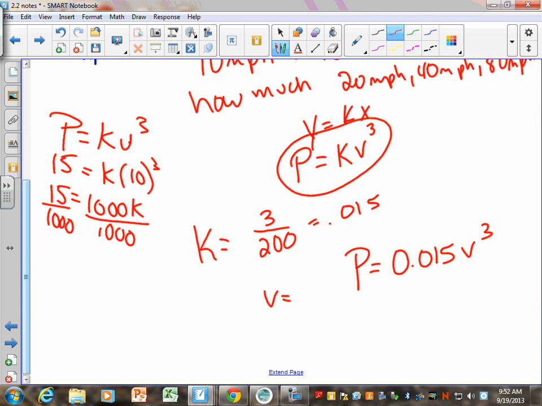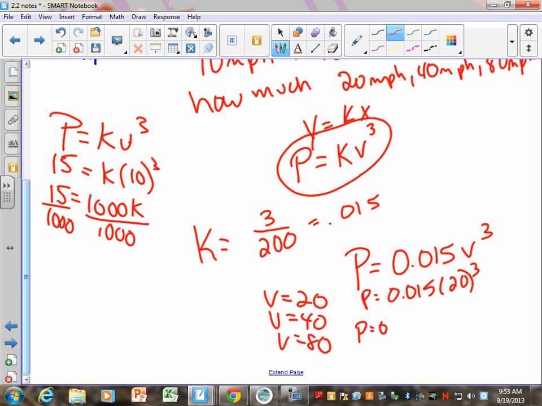So we just want to find the power when V is 20, when V is 40, and when V is 80, and you definitely can just use your calculator. The last part's just plugging it in. The first part is the algebra part. So you're just going to take 0.015 times 20 cubed, 0.015 times 40 cubed, and 0.015 times 80 cubed.